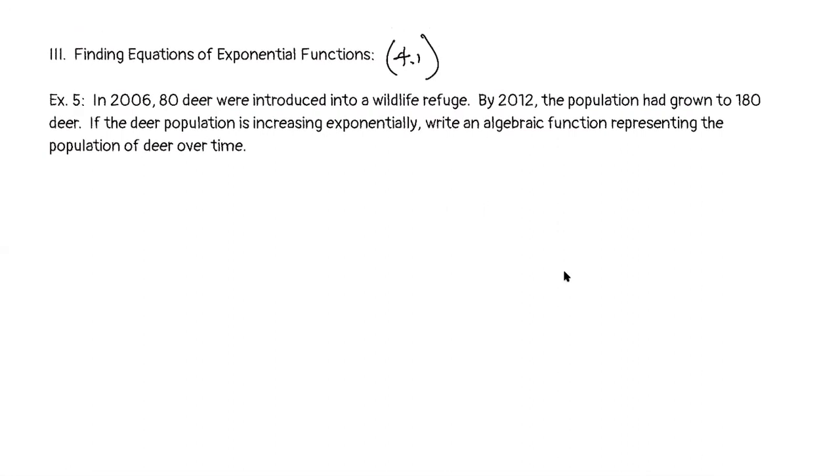Okay, so let's read through example 5. In 2006, 80 deer were introduced into a wildlife refuge. By 2012, the population had grown to 180 deer. If the deer population is increasing exponentially, write an algebraic function representing the population of deer over time.